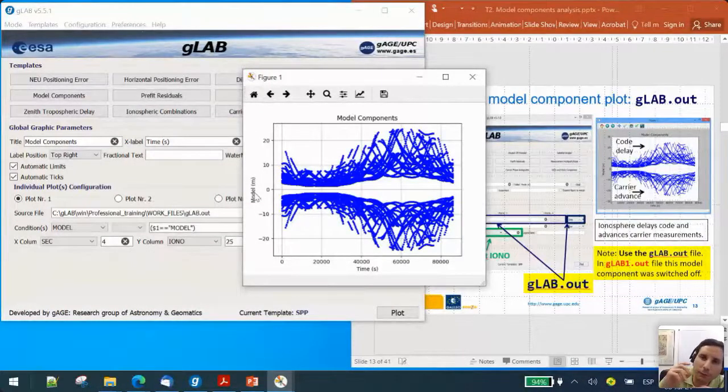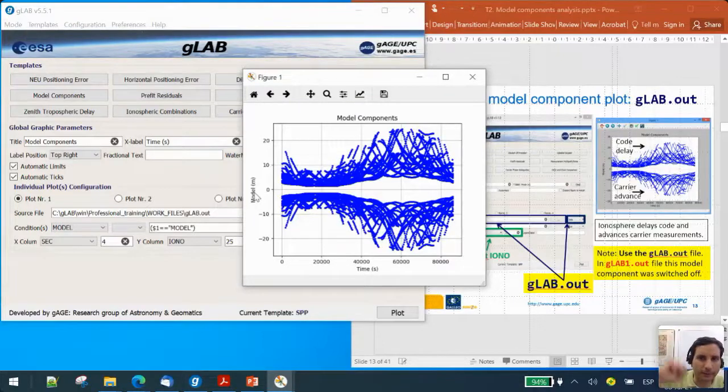If we were using the Nequik, we would have another shape, slightly different. The better the model is, the better will be our positioning. But this is what the Klobuchar model is predicting for that station, that day, and that year.